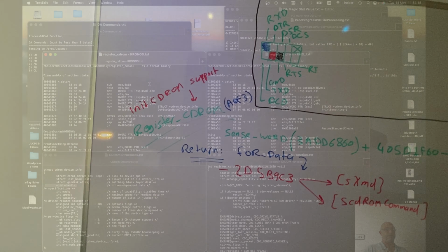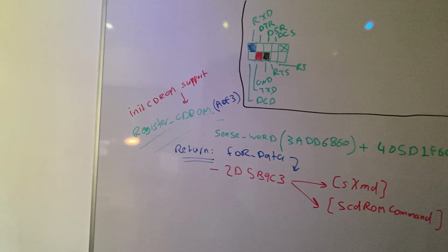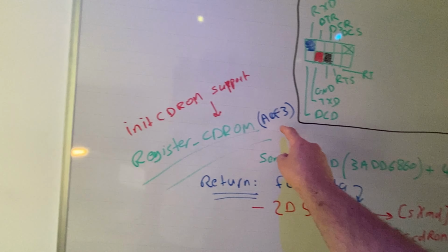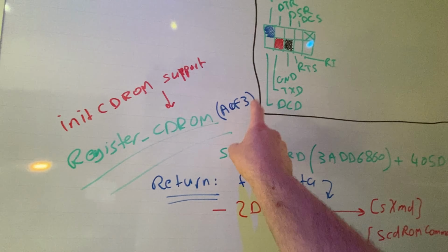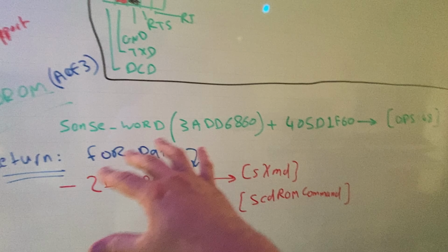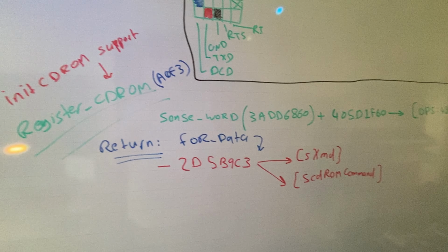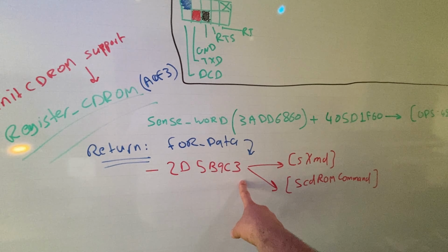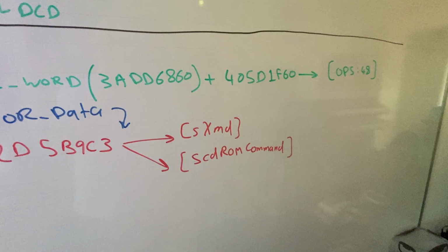Right, okay, so now we are on to the second part. Inside, you are getting called register CD-ROM. This is the function, and it's been fed this value of A0F3. If the system detects an A0F3, it does exactly what I just said and calls the sense word function, does some stuff, adding some salt and pepper and all the rest of it, and it will come back and return a value, which will later be subtracted from this and stored into these two variables, SXCMD and CD-ROM command.